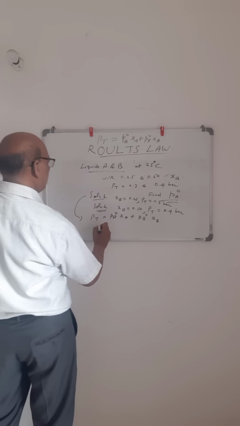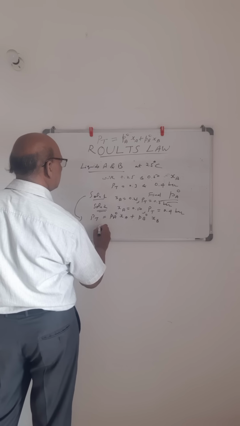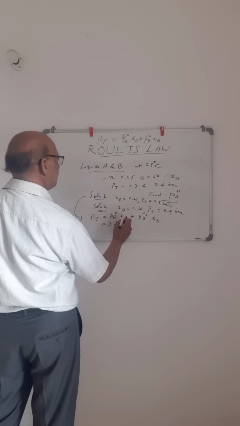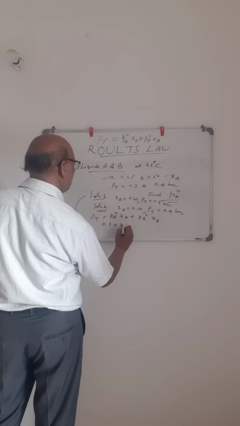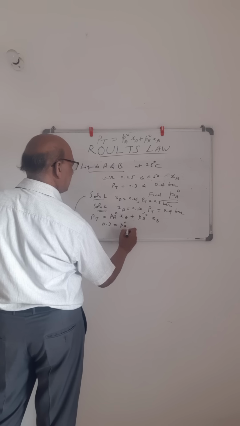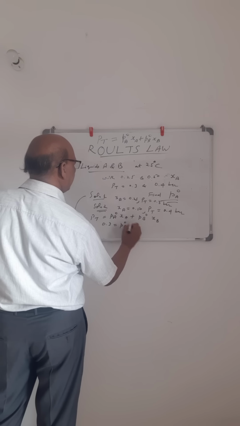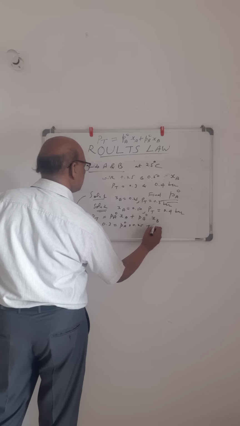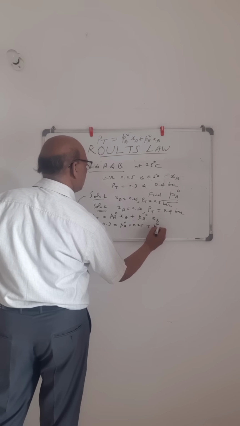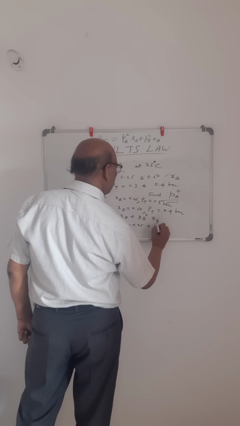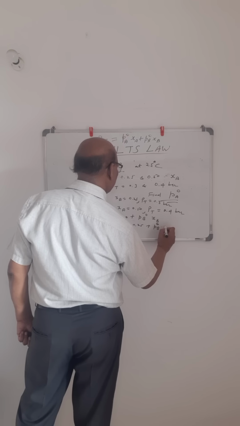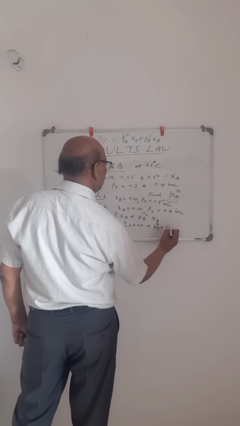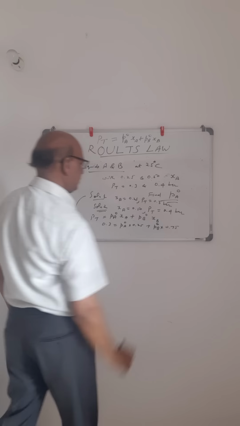So this will give what? P total is 0.3 equal to PA naught, PA naught is what we have to find out, into XA. XA is how much? 0.25 plus PB naught into XB. What will be XB? 1 minus XA, that is 1 minus 0.25, that is 0.75.